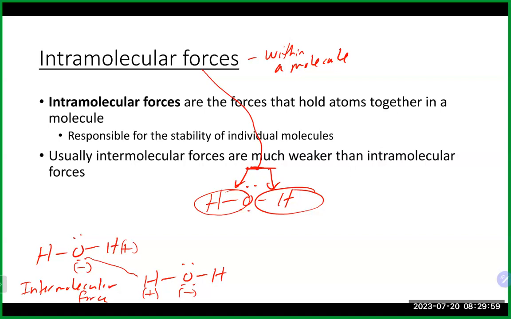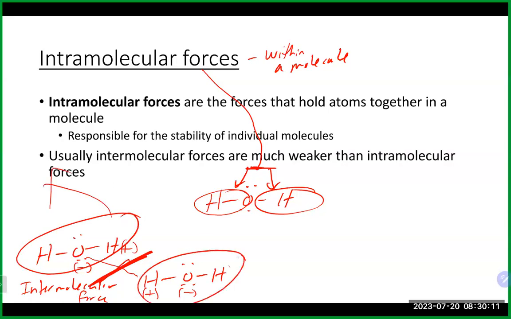And we know that because we've all probably boiled water at some point. What happens when you heat up water is the bonds between the water molecules break and you get steam, right? As those water molecules separate out. If it was the opposite and the intramolecular force was weaker, when you heat up water it would break the individual bonds between hydrogen and oxygen, producing hydrogen gas and oxygen gas, which wouldn't be great if you're trying to make pasta.